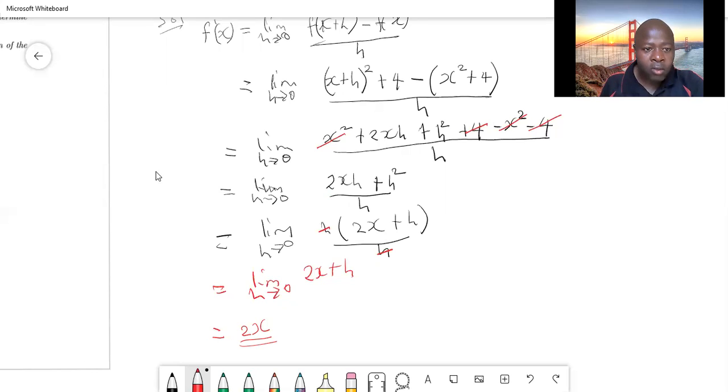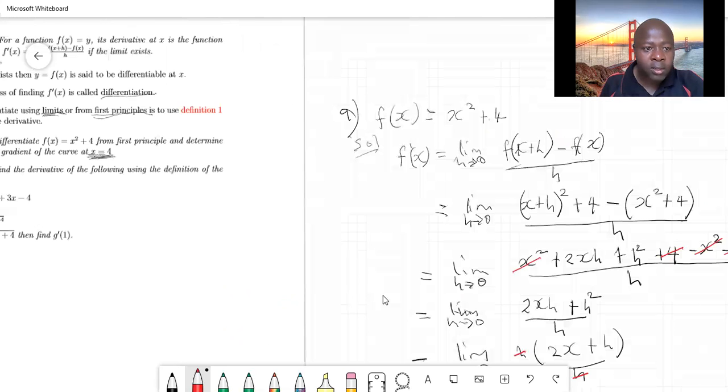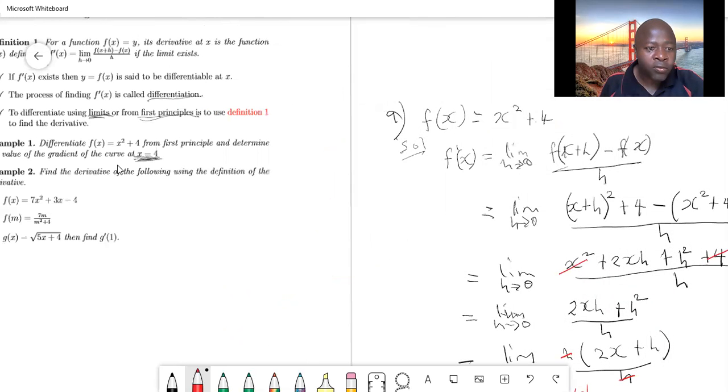Now let's go back to our question and see what it wanted us to do. The question wanted us to find the gradient of the curve when x is 4.